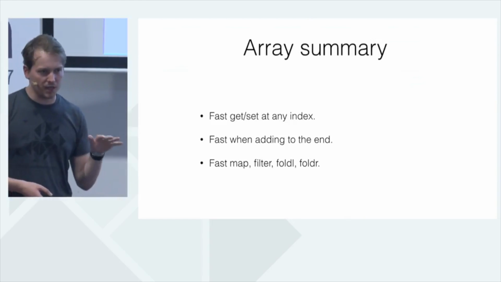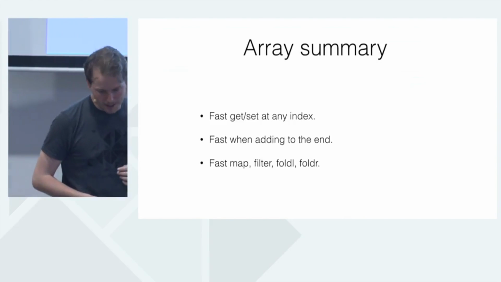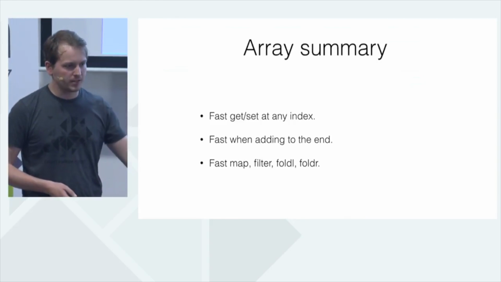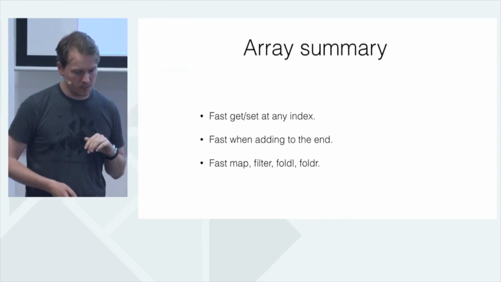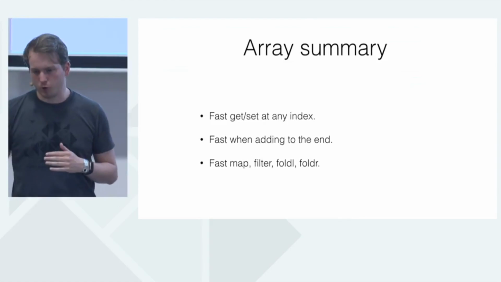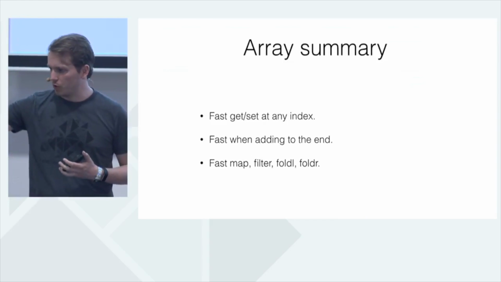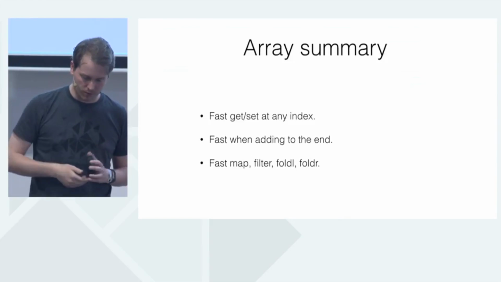If you benchmark this, I did, but I didn't have time to show it here, you would see that arrays are way faster at the map operation than lists. Filter is about the same performance, and fold right is going to be way faster on an array as well, because an array can just start from the right and fold. A list has to find the end first and then fold in the correct order.